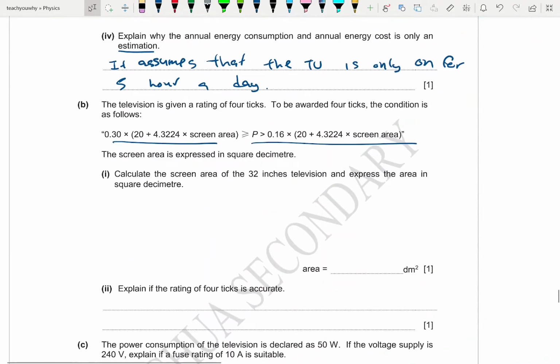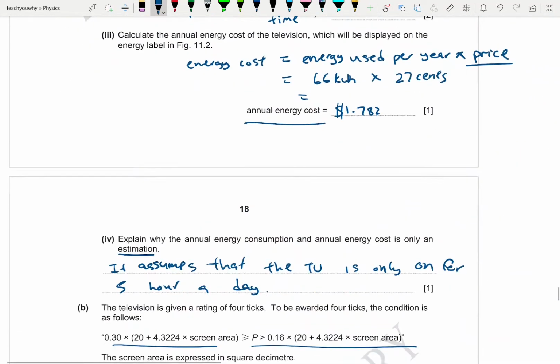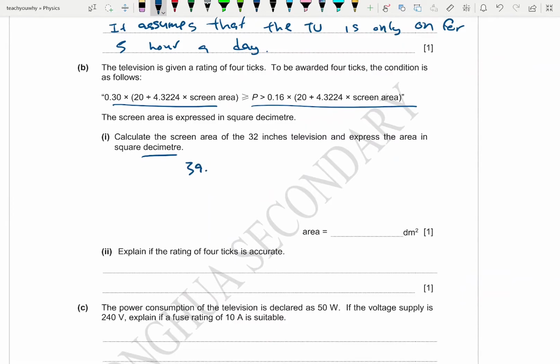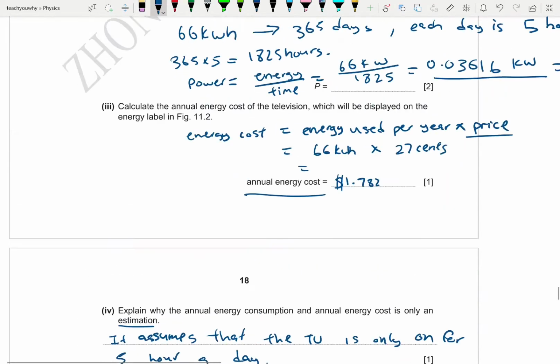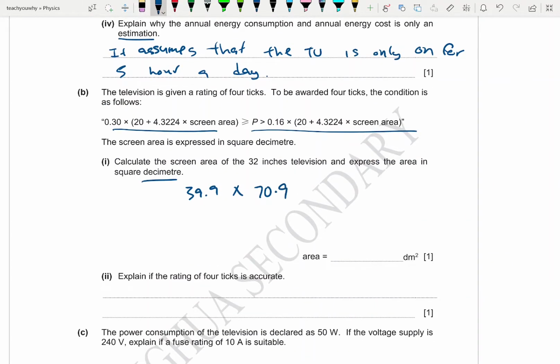Because they want decimeter square, the area will be 39.9 times 70.9. Let's see what we get: 2828.